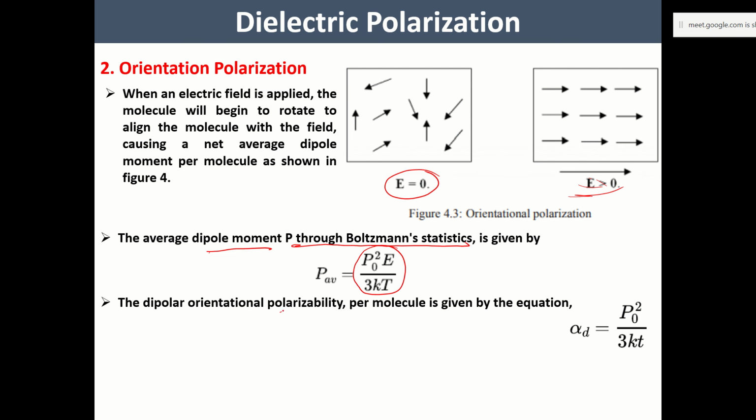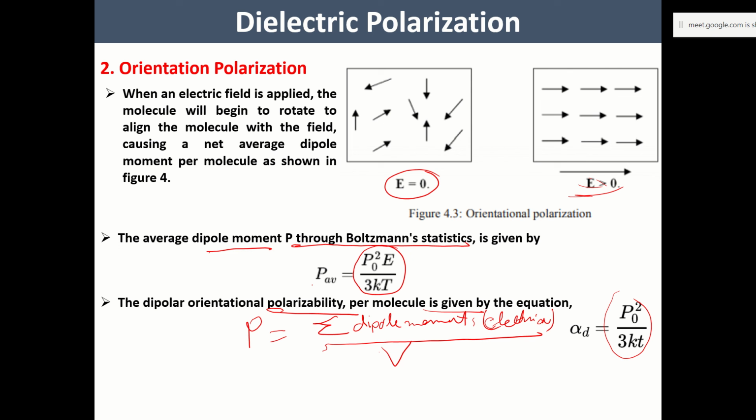The dipole orientation polarizability per molecule is given by alpha equals p naught square by, and this is the polarization P. Just like we defined magnetization, this P is the summation of electrical dipole moments over a given volume, or over a given mass.